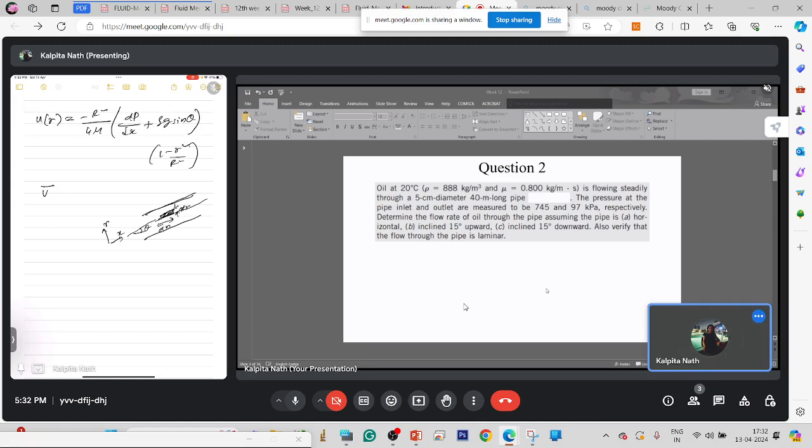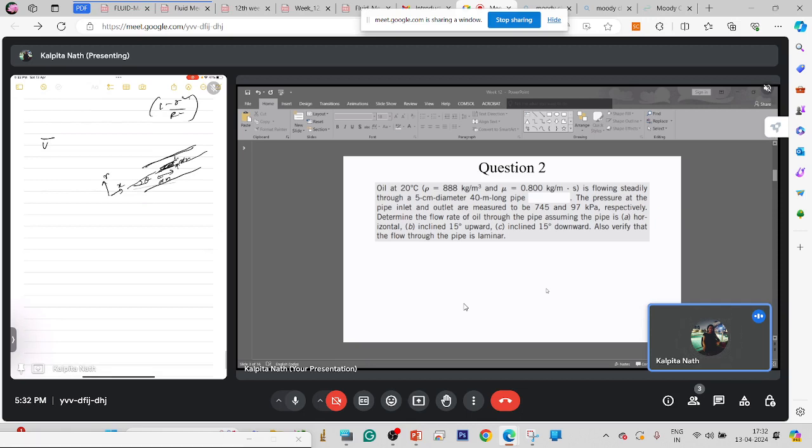Force balance again: 2 pi r dr p at x minus 2 pi r dr p at x plus dx. Here it will be tau r plus del tau dr, and here it will be tau r. Here it will be p at x, and here p at x plus dx.